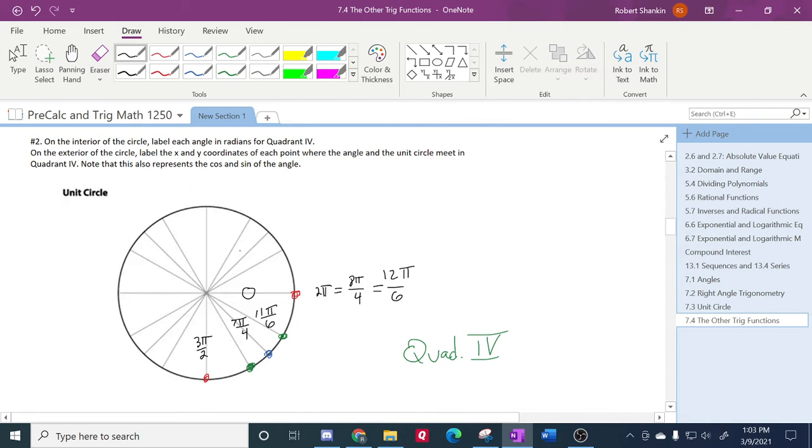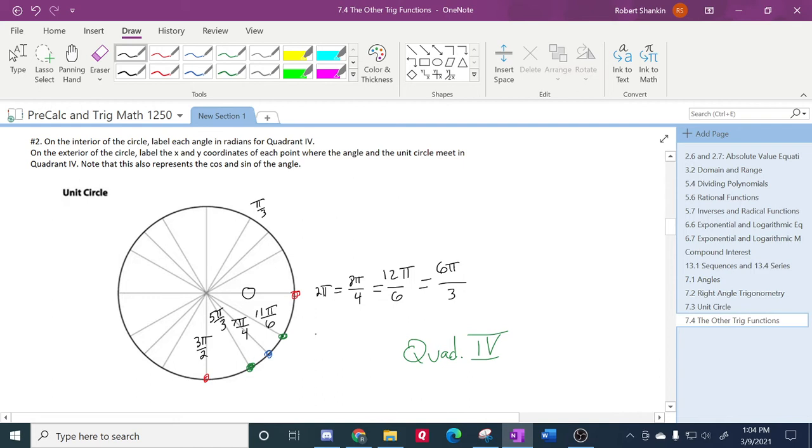And then this up here is pi over 3. So if I had a 3 down here, this would be 6 pi over 3. And then subtract one of those, because that's the same as negative pi over 3. This is 5 pi over 3 for that one.